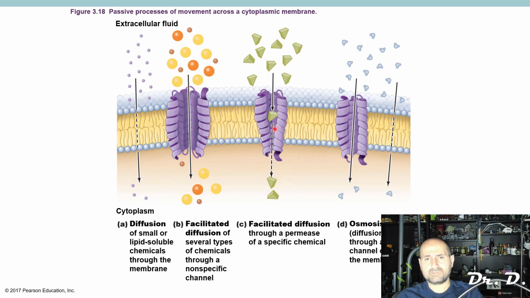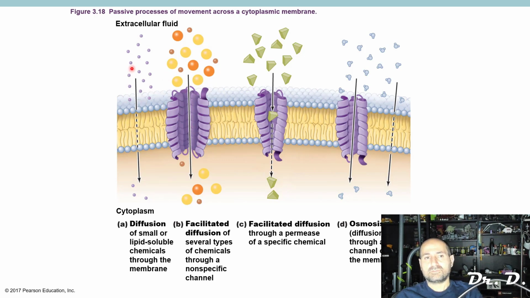Okay, either a carrier or a channel. Remember the difference? A carrier interacts with the substance that's crossing and actually changes conformation to allow that substance in, whereas a channel just allows the substance to flow right across.